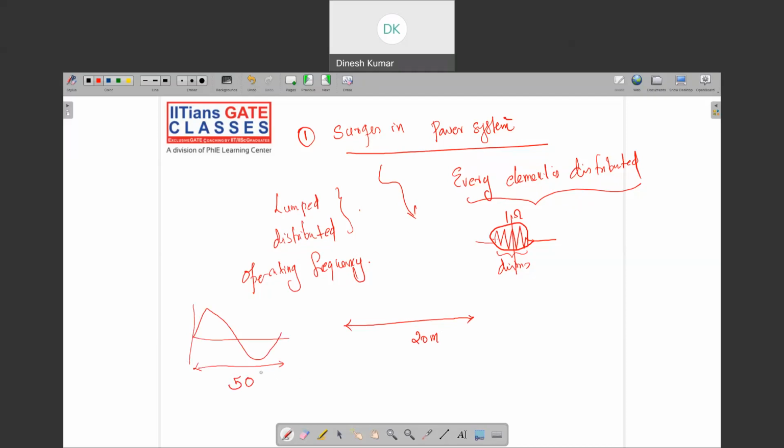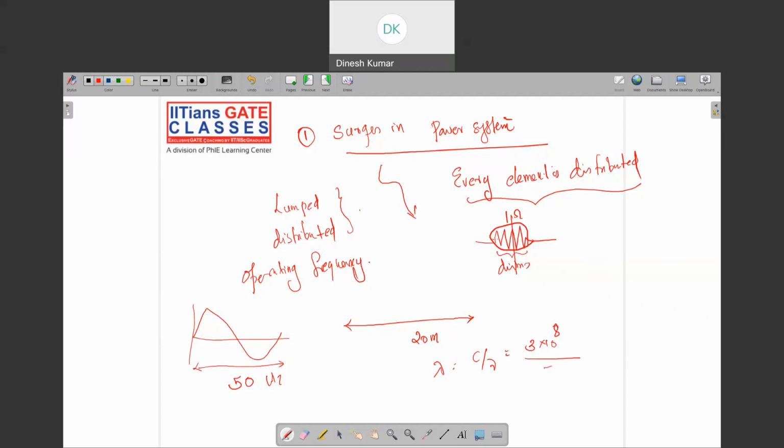So what is the wavelength of this? Lambda equals c by f, where c is 3 into 10 raised to 8 and f is 50 hertz.